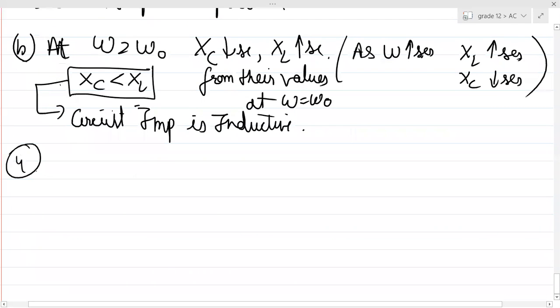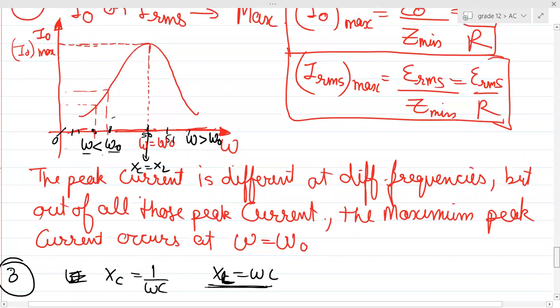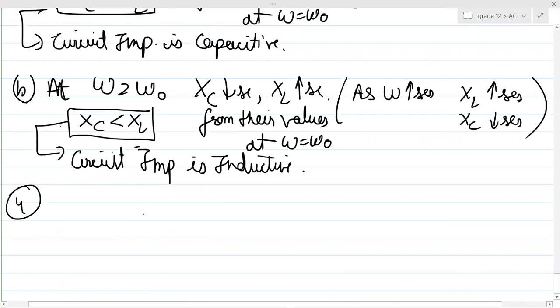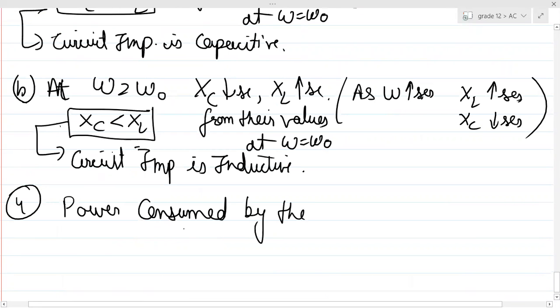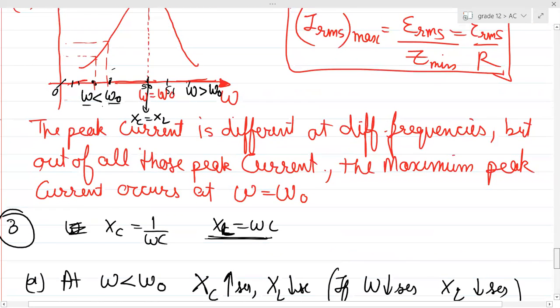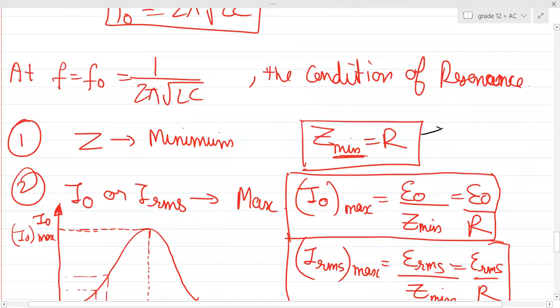Fourth point. Till now we have discussed three points about what will happen at resonance. Fourth point, at this particular time the power consumed by the circuit will become maximum, and the circuit will be purely resistive, which I already told you, right?